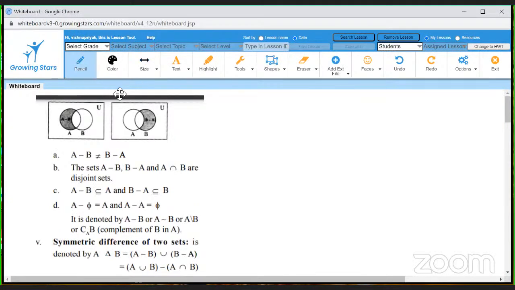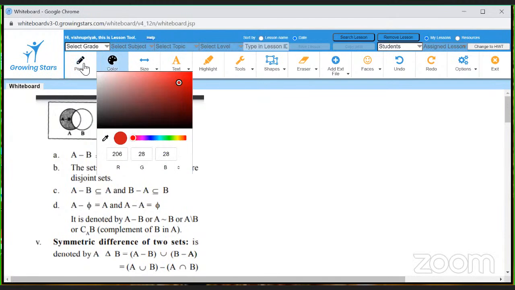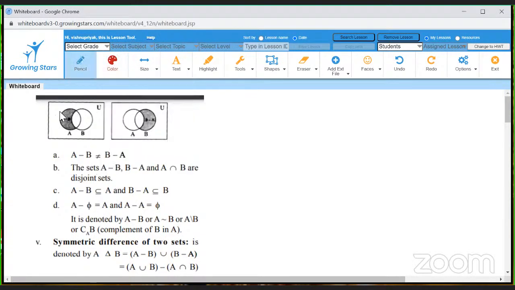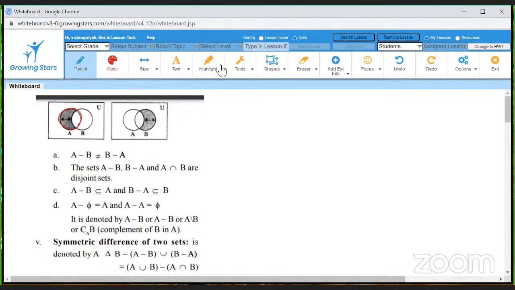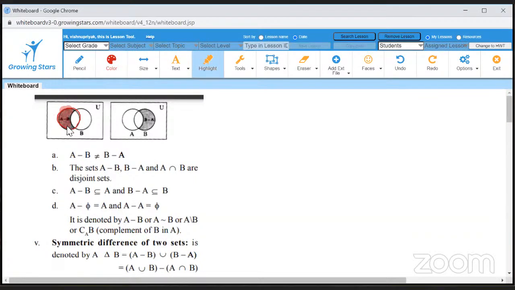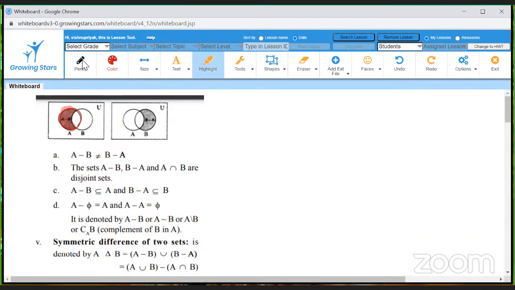See the first diagram. You are taking the A circle, but you are not touching the B circle at all. Only A. A minus B means only A. You are shading only A, you are not shading B at all.